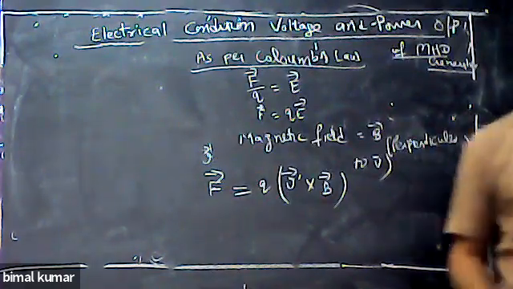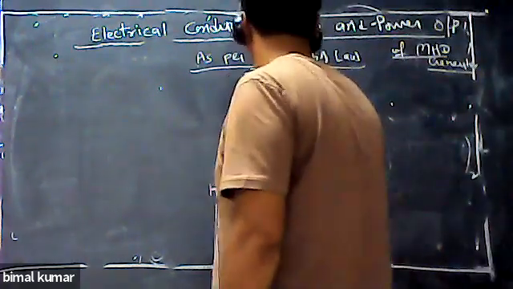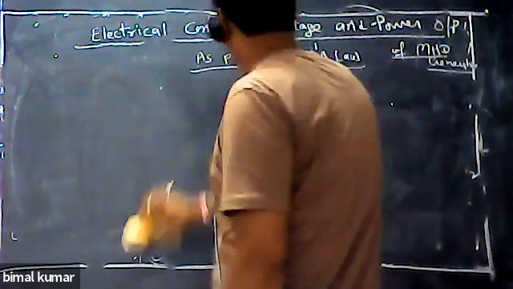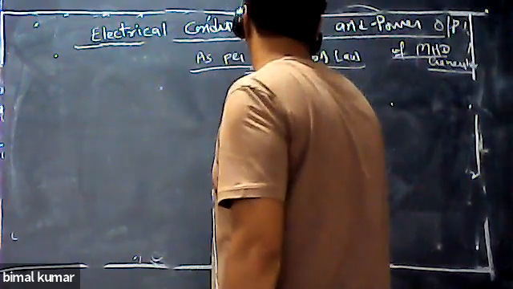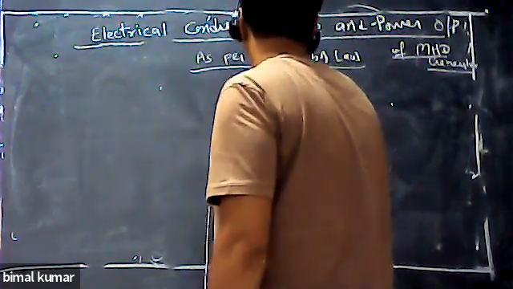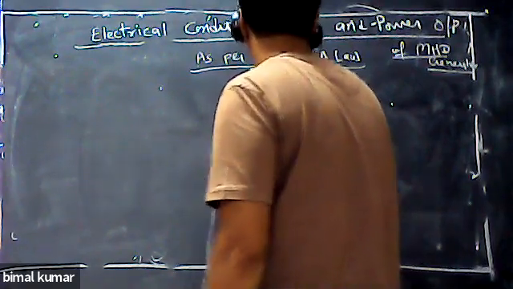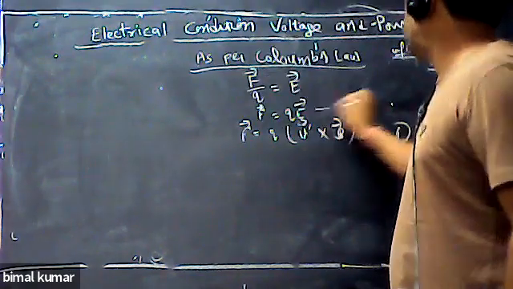And therefore, one is the force due to the electrical field, and one is the force due to the magnetic field, Q into V dash cross B, right? This is your equation number 1, and this is your equation number 2.